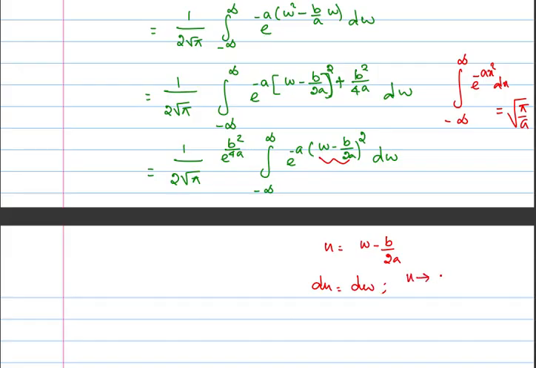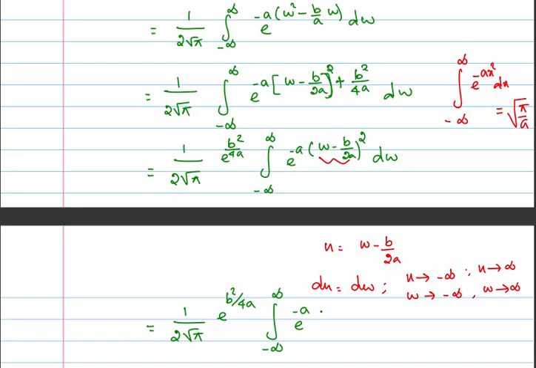Whenever u approaches minus infinity, omega also approaches minus infinity. Whenever u approaches plus infinity, omega also approaches plus infinity. So our integral becomes 1 over 2 times square root of pi, exponential of b square divided by 4a, integral from minus infinity to plus infinity of exponential of minus a times u square, du.